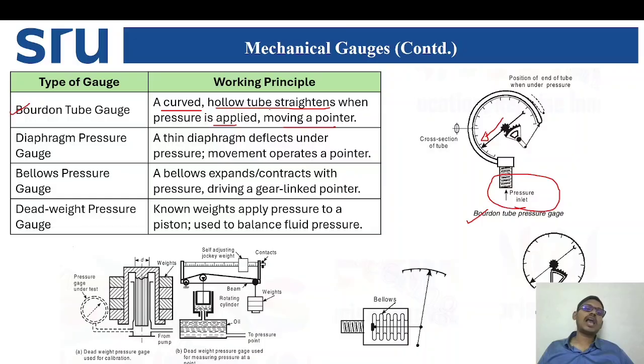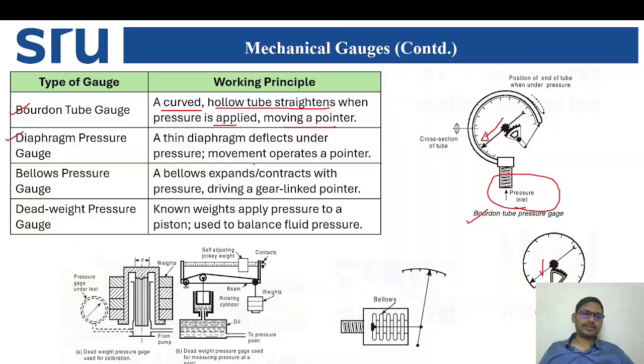It will tell directly. And the diaphragm pressure gauge: a thin diaphragm deflects under pressure. See, here is a diaphragm, so it will deflect under pressure.